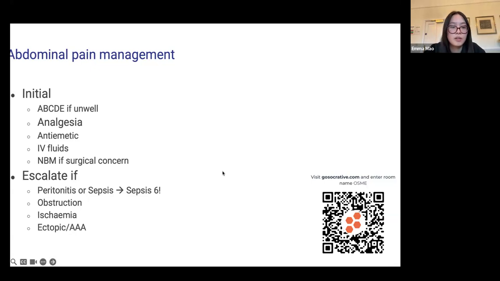Okay, so the clues here are the central abdominal pain migrating to the right iliac fossa, and then nauseated, low-grade fever, suggesting maybe inflammation, and then there's also tenderness there. So yeah, it is appendicitis. Well done. And so bloods might show raised white cell count, CRP, and then you'd want to do maybe an ultrasound to have a look or a CT to support the diagnosis.